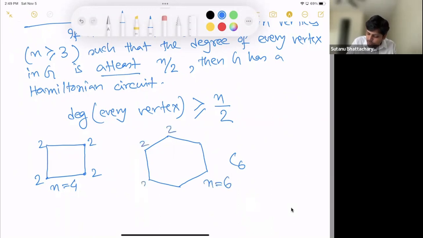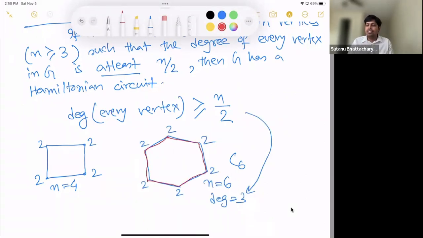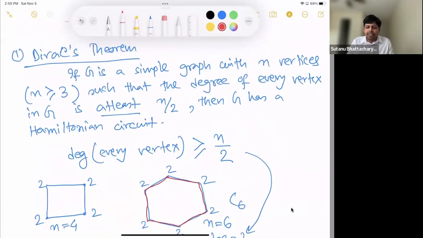It is 2, 2, 2, 2, 2, 2. And according to this formula, the degree should be 3. But it is actually 2. So it doesn't satisfy that condition, but still you can find a Hamiltonian cycle like this one. Very easy Hamiltonian cycle. So this is not a necessary condition. But if one graph satisfies Dirac's theorem, then there will be a Hamiltonian circuit.